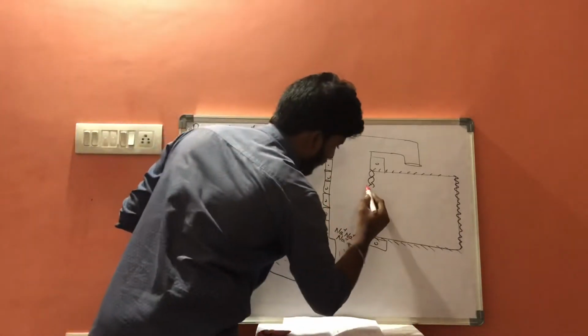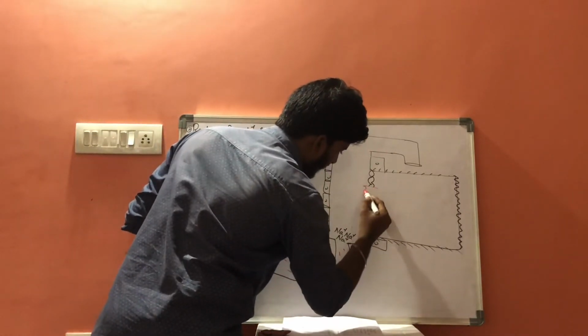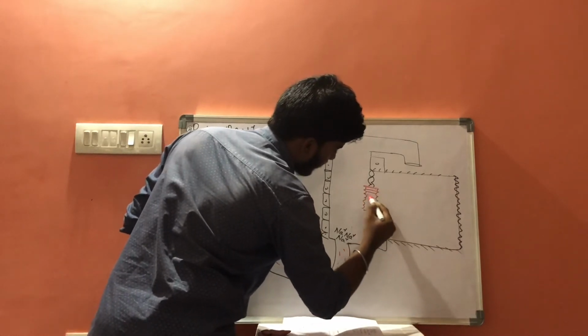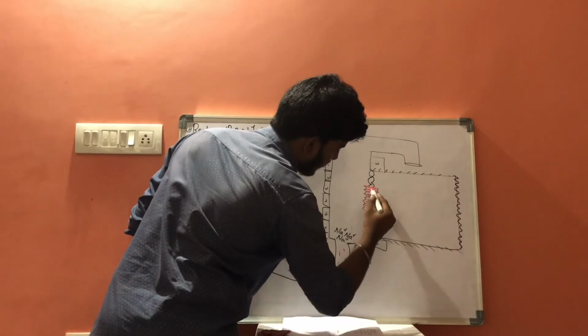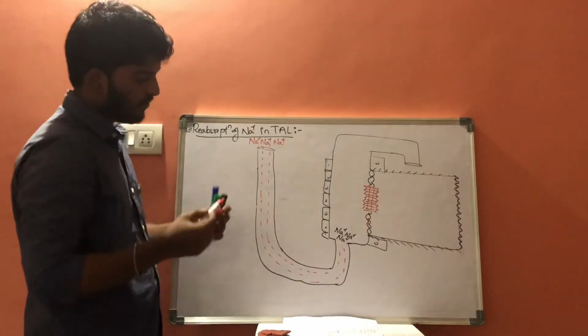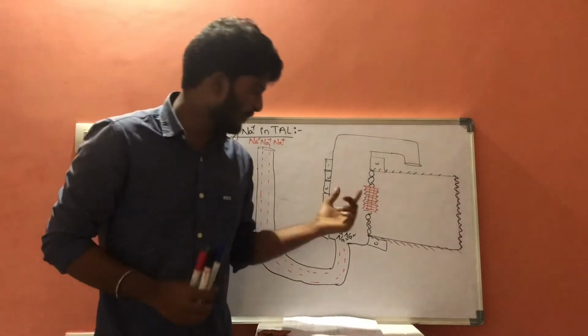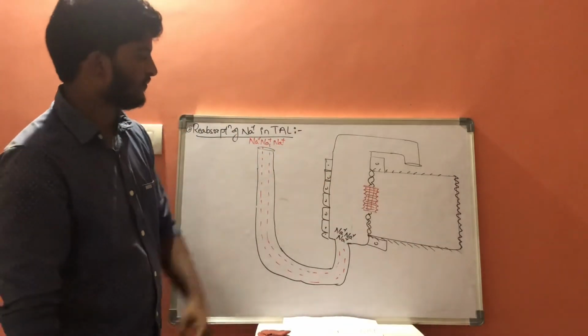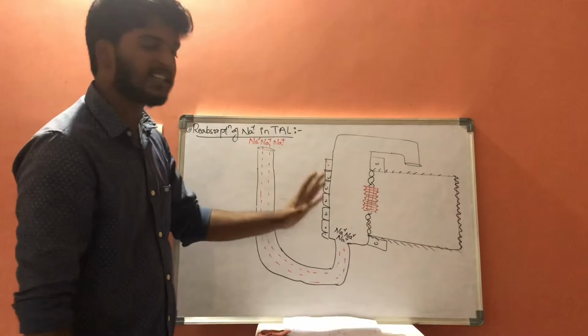The name of that special protein we will discuss later, but let us first discuss the mechanism of this protein. This is a special integral protein which is present on the surface of this luminal membrane of cells of the thick ascending loop of Henle.